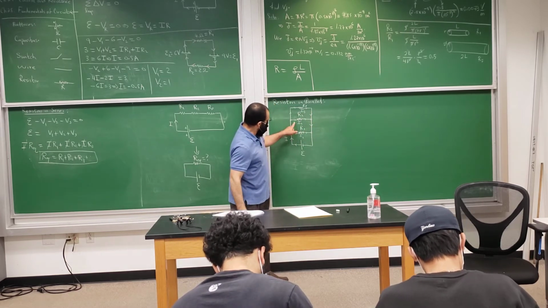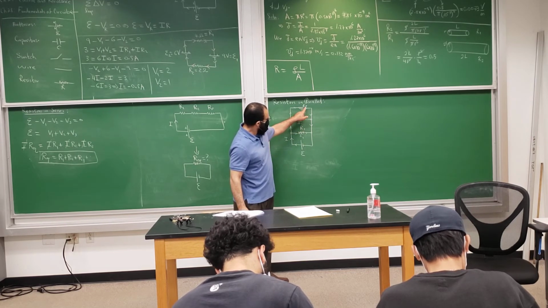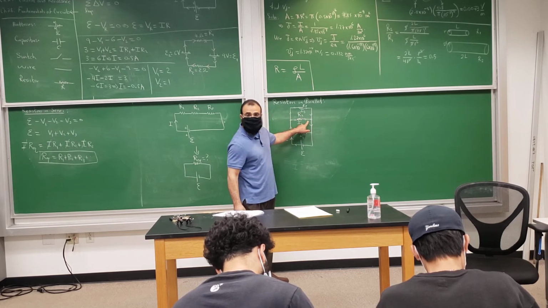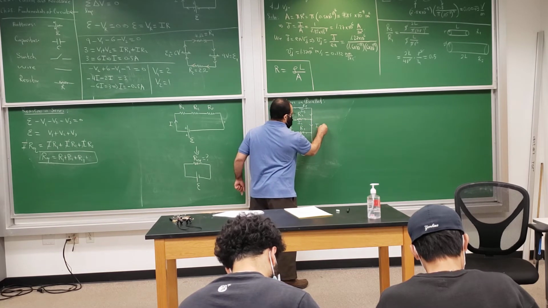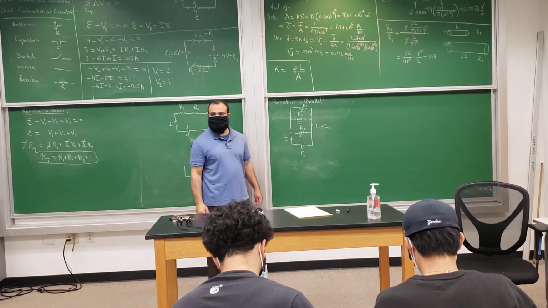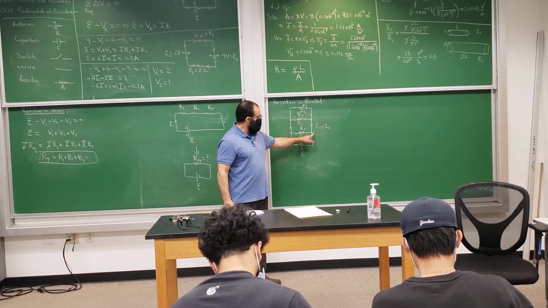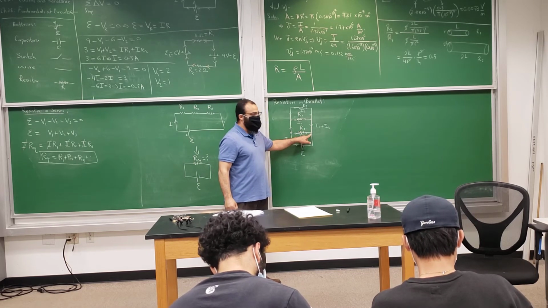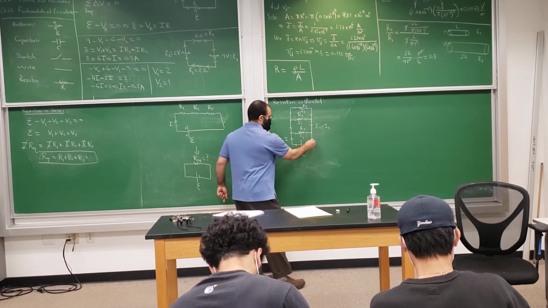So let's look at this junction here. What is the current that's going into it? I3 and I2. So the current that comes out has to equal the sum. So it's I2 plus I3. Okay? That's the junction. And now let's look at this next one. I2 and I3 are going in. I1 is also going in. So what must come out?